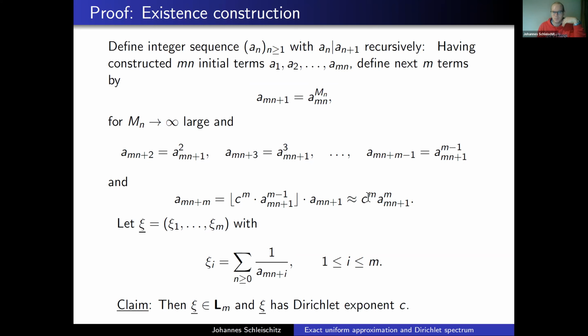This vector c to the m for given c will exactly turn out to give you that exponent c in some sense. So you just have to modify the construction where you take the m-th power by a suitable constant to get exactly the right c that you want to start with. Okay. Interesting.